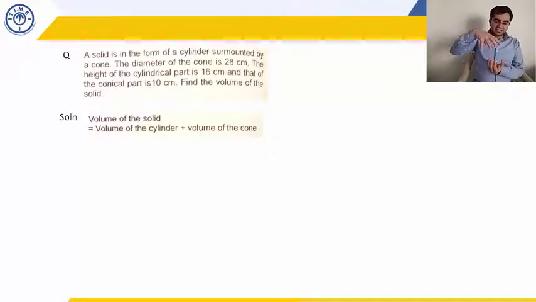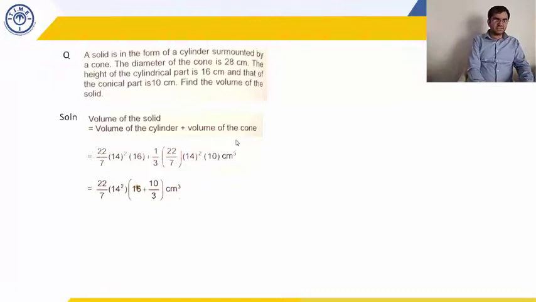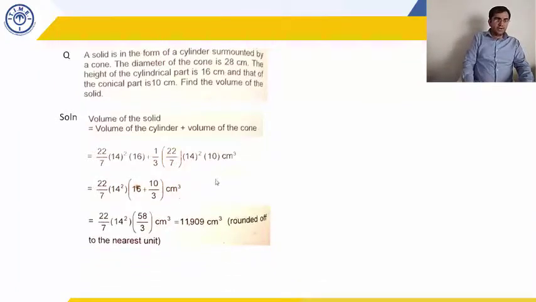Since the cylinder is surmounted by the cone, the radius of the cone is equal to the radius of the cylinder. So we get pi r square h, that's pi 14 square into 16, plus the volume of the cone as 1 by 3 pi r square h, that's 14 square into 10. Simplifying it a little bit, we get the answer approximately as 11,909 centimeter cube.